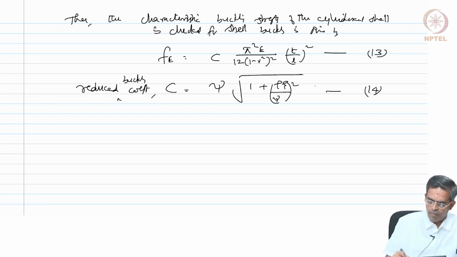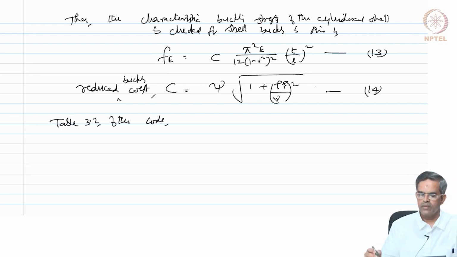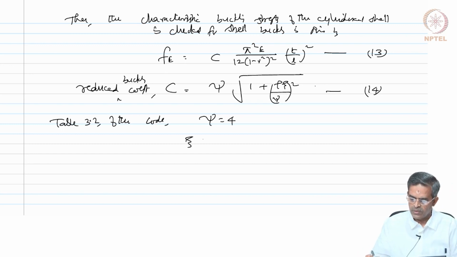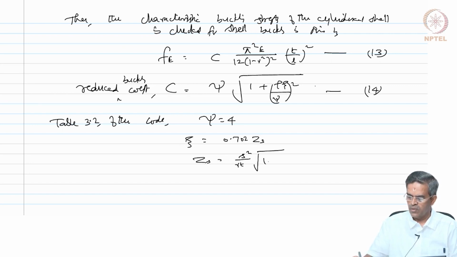So, from table 3.2 of the code, psi is 4. So, zeta will be 0.702 Zs. Zs is S square by RT of root of 1 minus nu square.